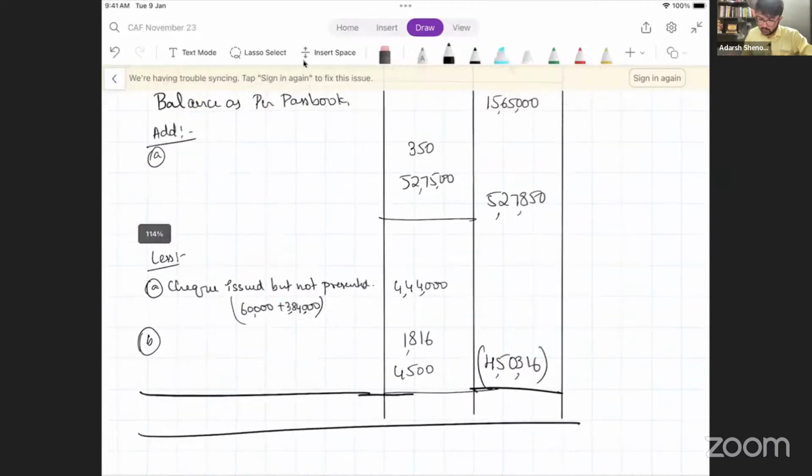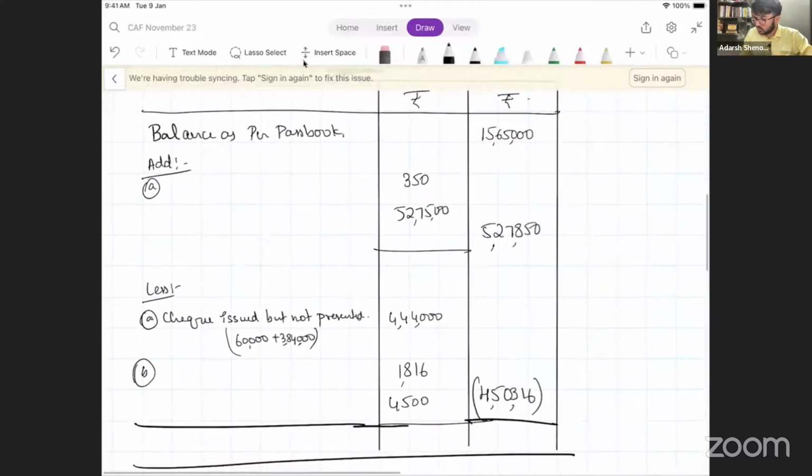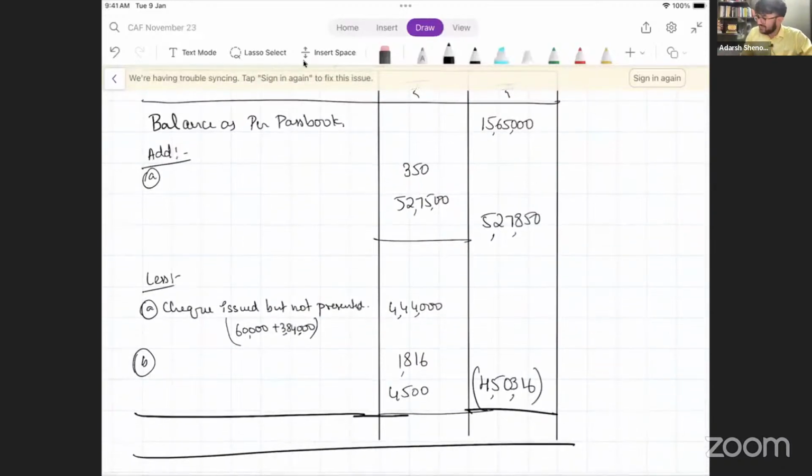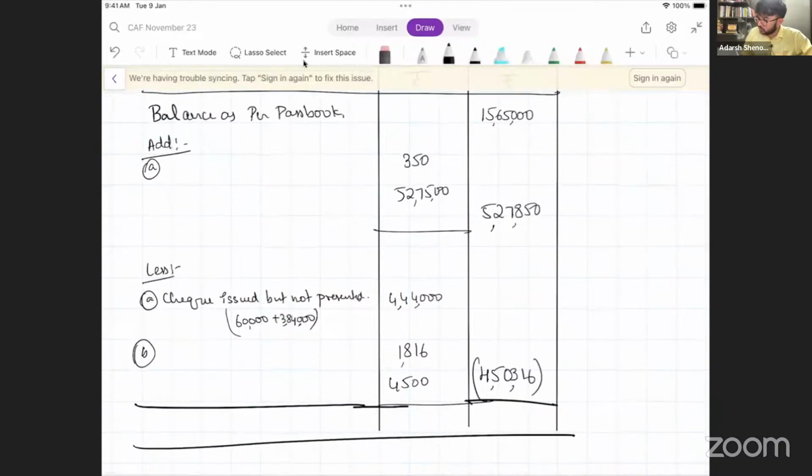What's the balance you get? Are you all there? 16 lakhs 42,534.